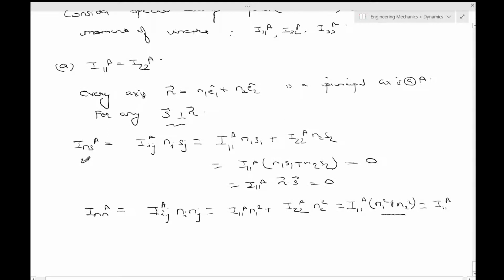I think we also got it at a place where lambda was coming in. So lambda into n1 square plus n2 square plus n3 square would be equal to 1.